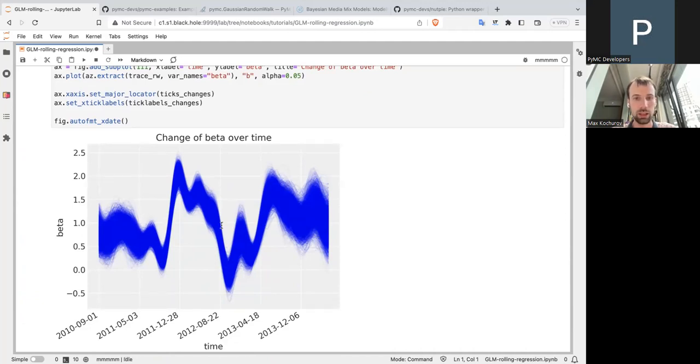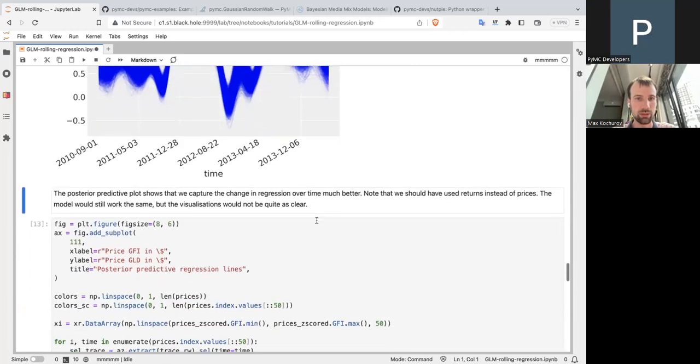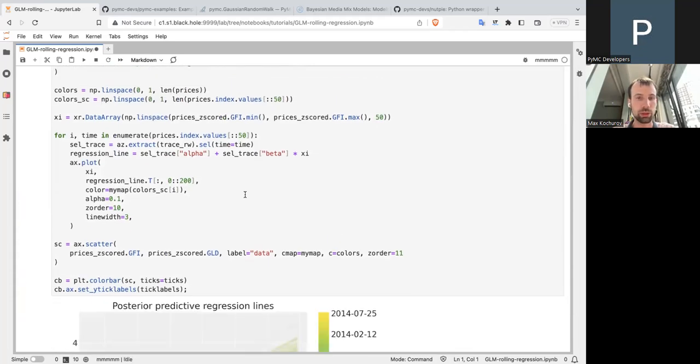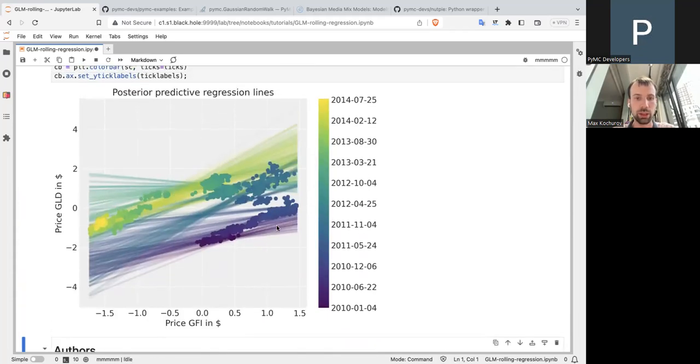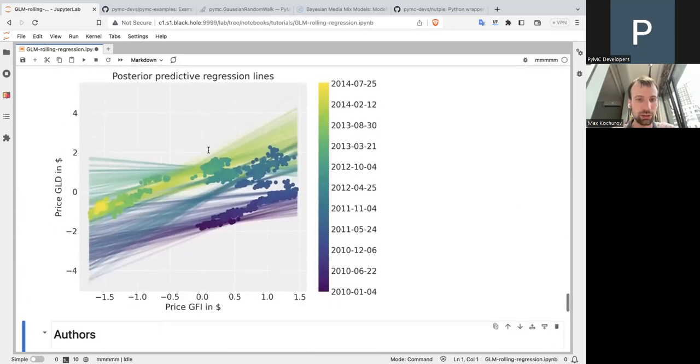So beta is our slope. And we see how slope evolves in a very nice way. If we plot the whole dependency over time, we see all sorts of lines going through data, and colors match the time periods. And there is a very interesting dependency.